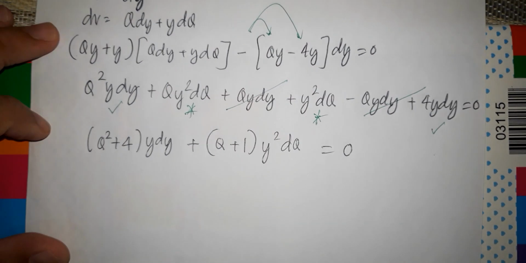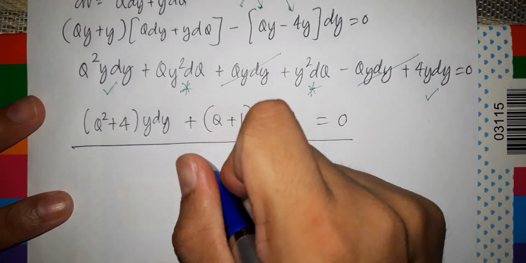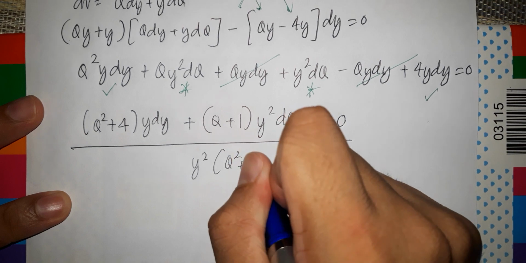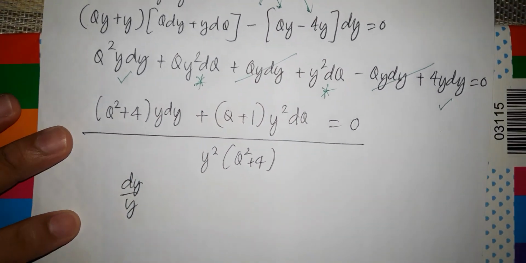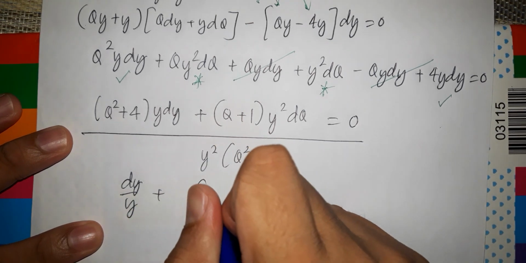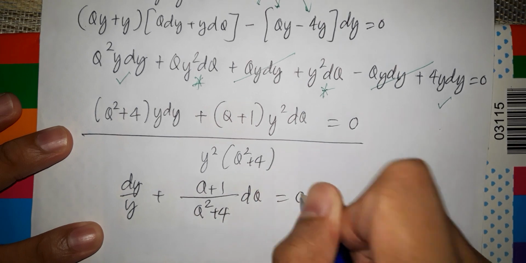So ready na siya sa ating variable separable. Separating the variables by dividing both sides by y squared times q squared plus 4, which gives dy over y plus q plus 1 over q squared plus 4 dq is equal to 0.